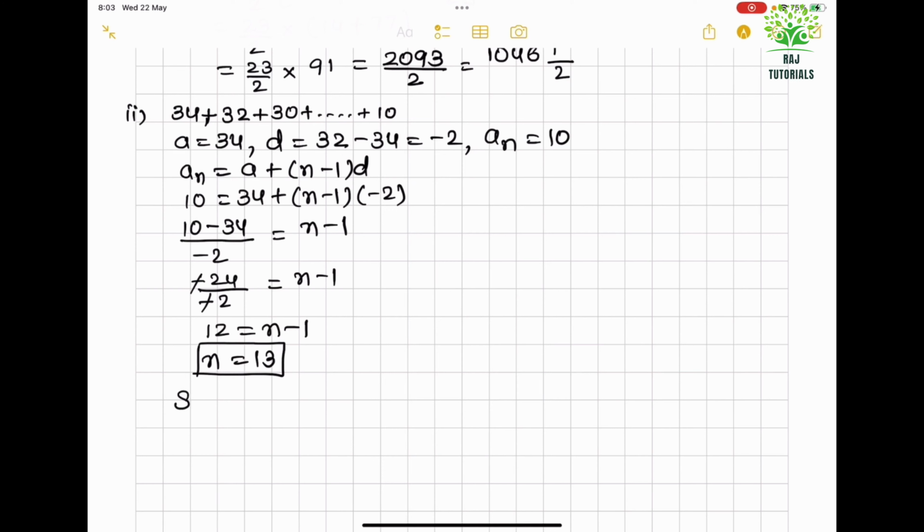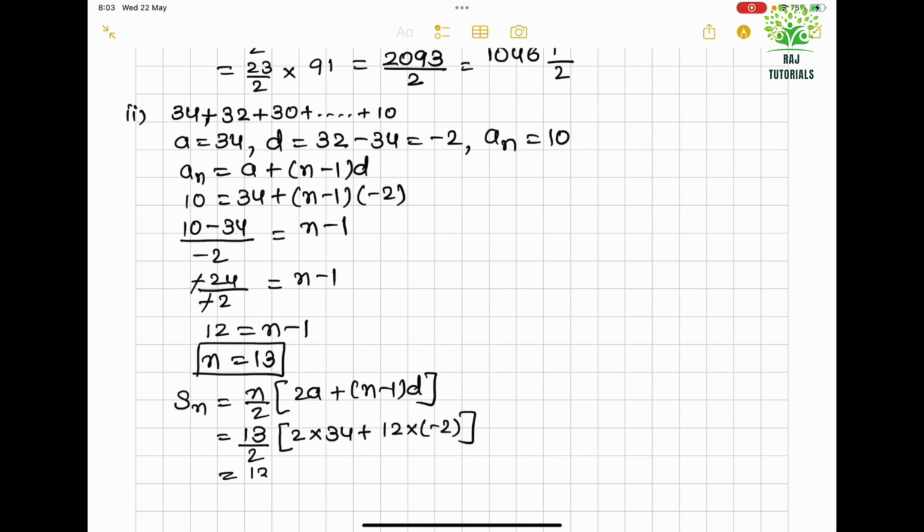Now Sn equal to n by 2 into 2a plus (n minus 1)d. So I can say 13 by 2 into 2 into 34 plus 13 minus 1, that is 12, into d, which is minus 2.